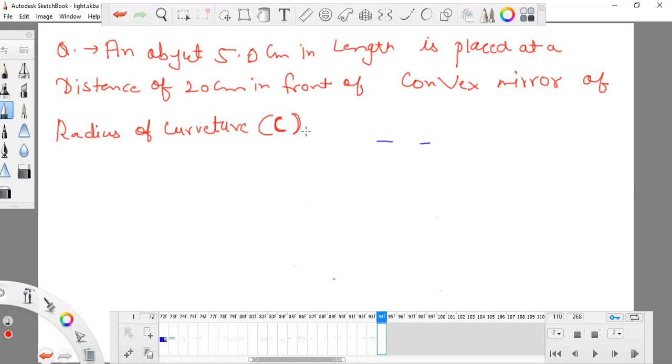We know this. So what will be the F of the radius of curvature? 30 centimeter.